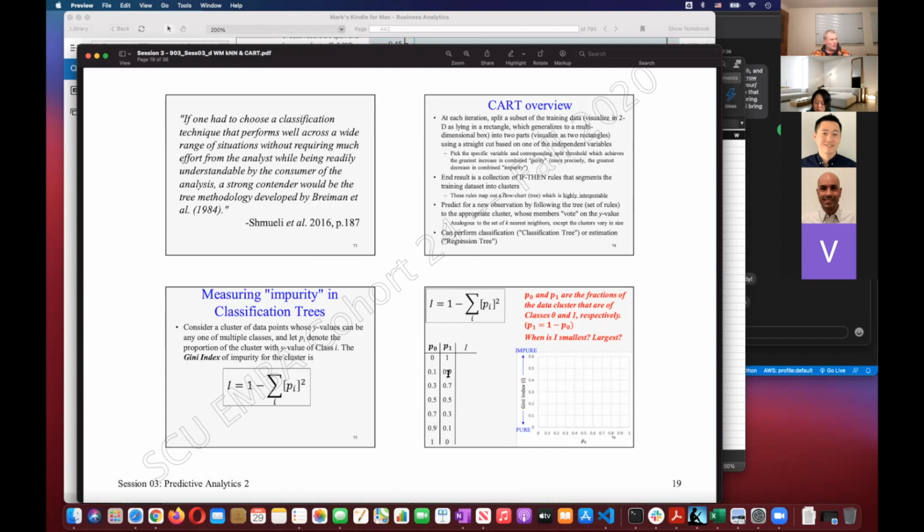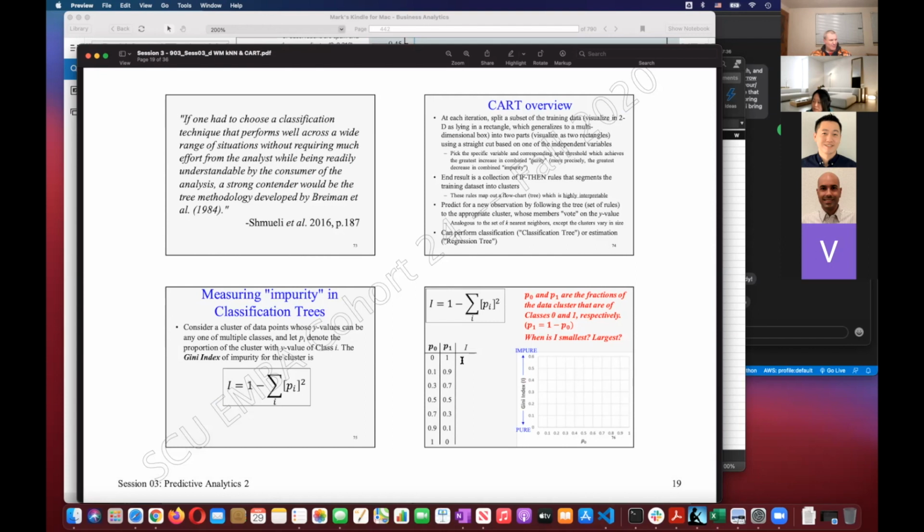So that would give us 0.36. So it's 0.01 plus 0.081, so 0.082, and the square of that.